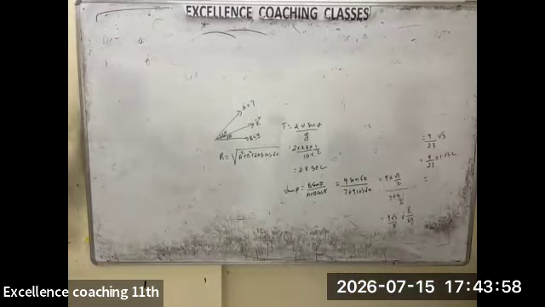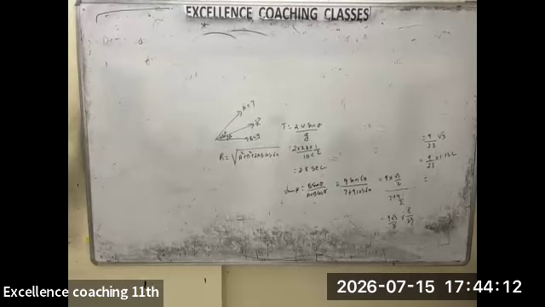Read the next question. Question number 16, please. An object can accelerate while traveling at constant speed, but not at constant velocity. Is it true? Why? Think about what it is trying to say.